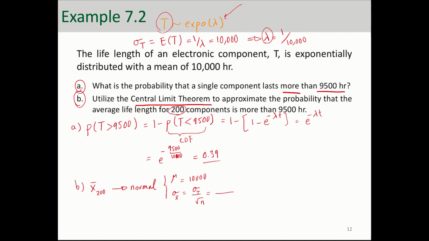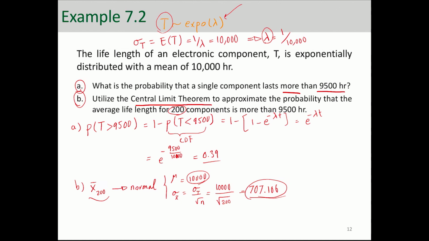Sigma of t is 10,000, as we talked about here. For the exponential, sigma and expected value are both the same, that is 10,000. Divided by square root of n, which is the square root of 200. And that is equal to 707.106.